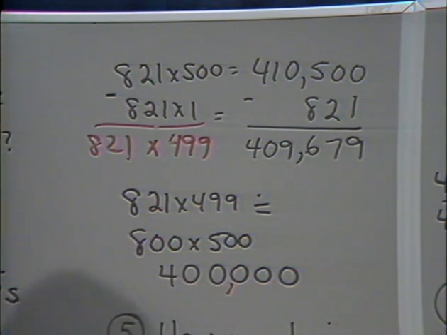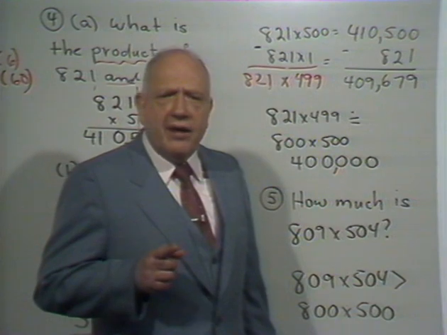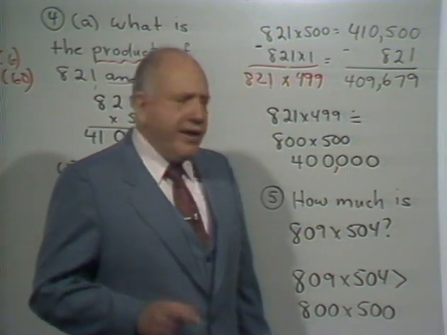So 800 times 500 is a problem you can practically do in your head. And that answer is 400,000. Therefore, before you even start this problem, either A or B, you know that the answer you're looking for is very close to 400,000. And that can guard against making some very serious mistakes, as I try to show you in the next exercise.